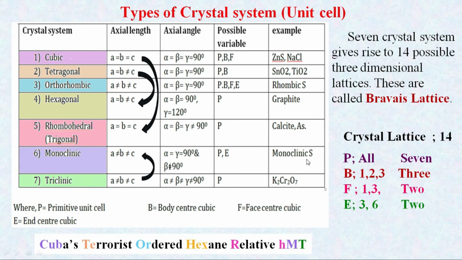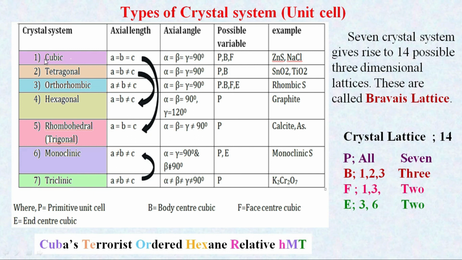Now remaining 4, since 7 plus 3, 10 are over. 2 are under face centered, 2 are under end centered. So face centered will be at positions 1 and 3, and end centered will be at positions 3 and 6 in the table. This hint will help you understand which particular system will form how many types of crystal lattices.